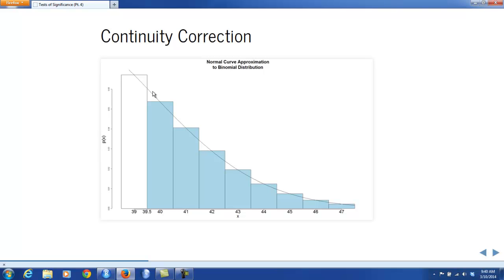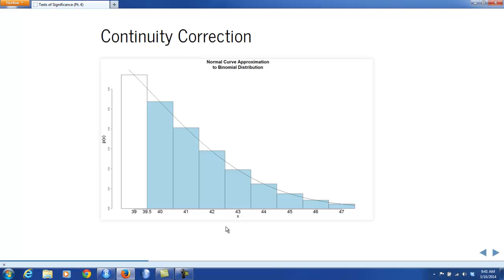As you can see, it approximates the binomial distribution pretty well, runs through the tops of the rectangles pretty well. Now sometimes it's above a rectangle and sometimes it's below, but you notice the times that it's above seem to cancel out somewhat the times it's below for just about each one of these rectangles. So the approximation is going to be mighty good, I think.